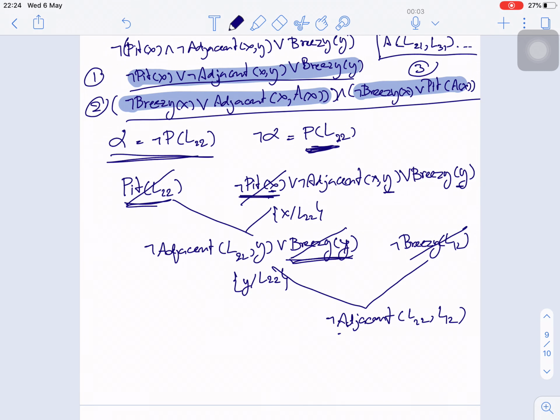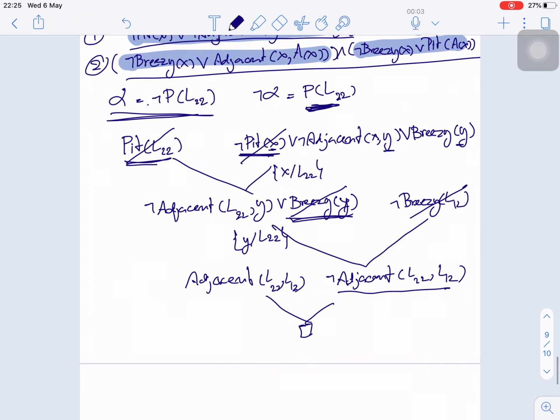They must exist in the knowledge base. So you will for sure have adjacent L22 and L12. So finally, you can do the resolution and nothing is left. And if nothing is left, what does it mean? It means that the original alpha, that is not pit L22, is true, right?